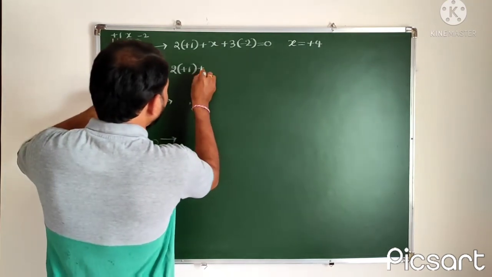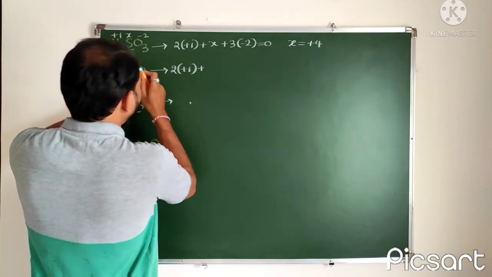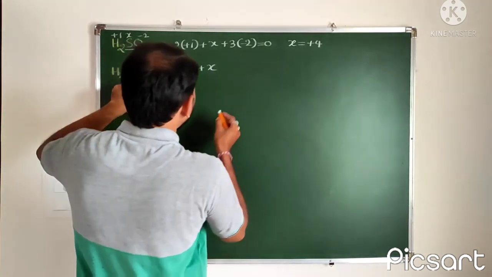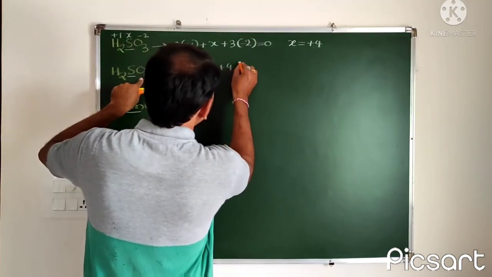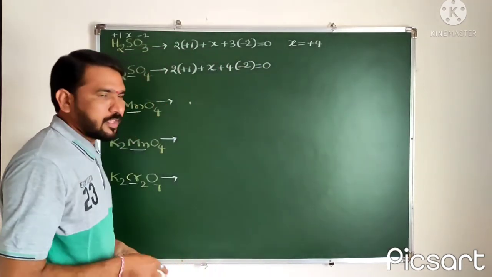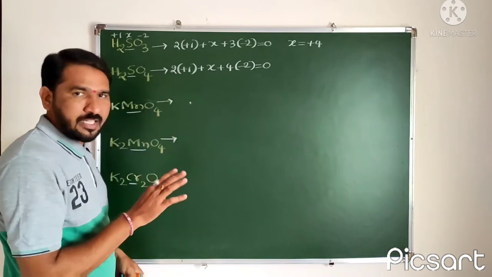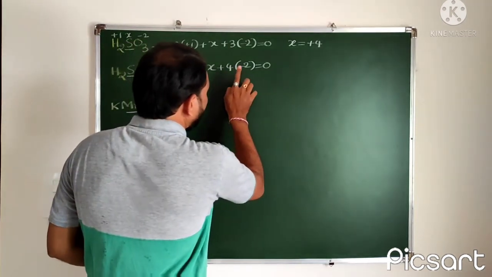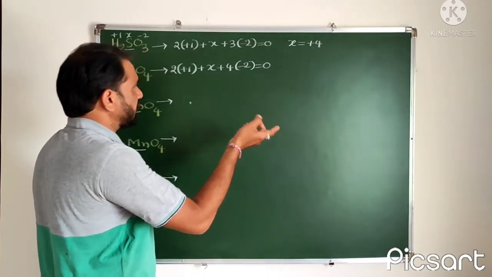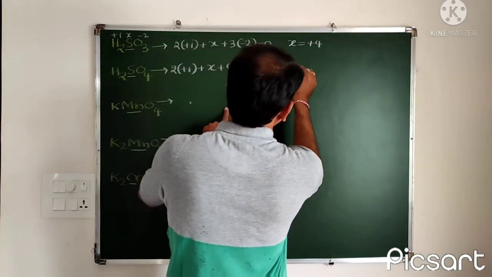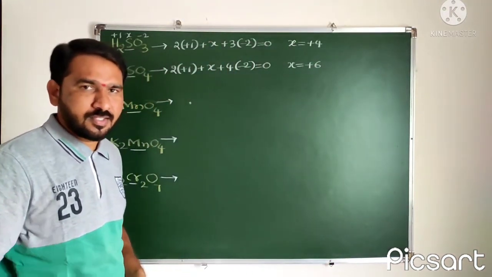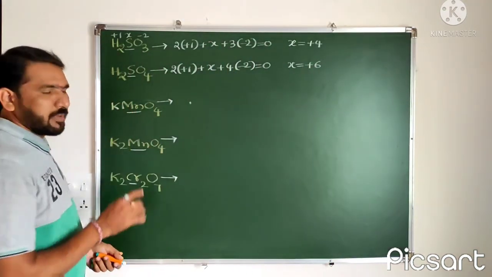Then after that, only one sulfur is there, its oxidation state we need to find out, like this, X. Then after oxygen, number of oxygens 4, each oxygen oxidation state -2, that equals 0. Therefore, 2 into +1, +2, plus X, plus 4 into -2, that equals -8. Therefore, here X is equal to +6 oxidation state. That's it.